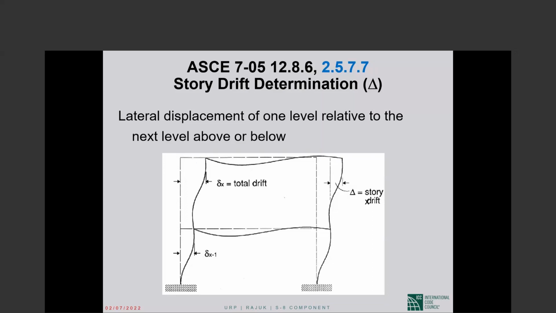Now, there are two exceptions to what I just said. Yes, our codes are life safety codes, but in two situations, we seem to go beyond life safety. One is where we impose a limit on interstory drift. That is more than life safety. We are now trying to prevent or minimize damage to non-structural elements.